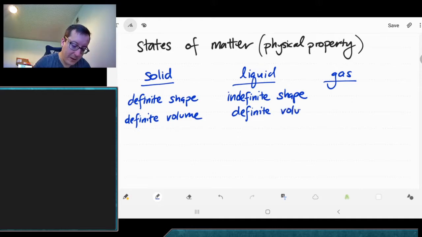So liquids, like water, will change their shape, but their volume will be the same. They'll still occupy the same volume no matter what container you put them in, but their shape will adapt to that container.